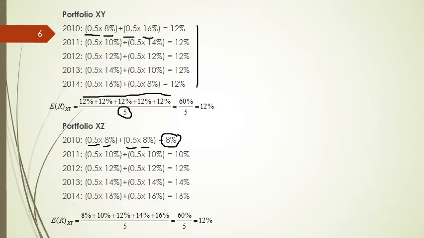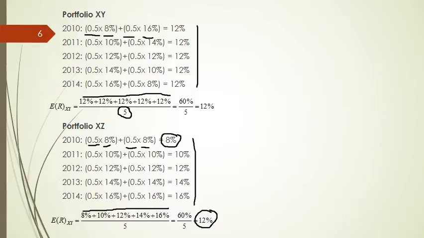As you can see, these are the values for the individual years: 8% for 2010, 10% for 2011, 12% for 2012, 14% for 2013, and 16% for 2014. Again, you find the mean, and we find that the expected value of returns from 2010 to 2014 is 12%.